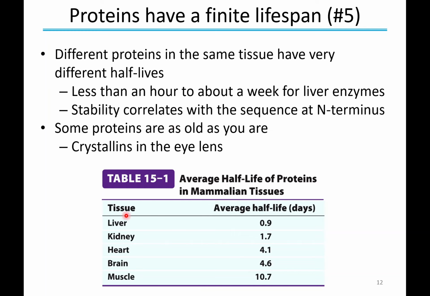Just as an example here, we have different tissues and the average half-life of the proteins in those tissues are given here. Most are a day or so, maybe up to a week. That's kind of the typical range of an average protein.